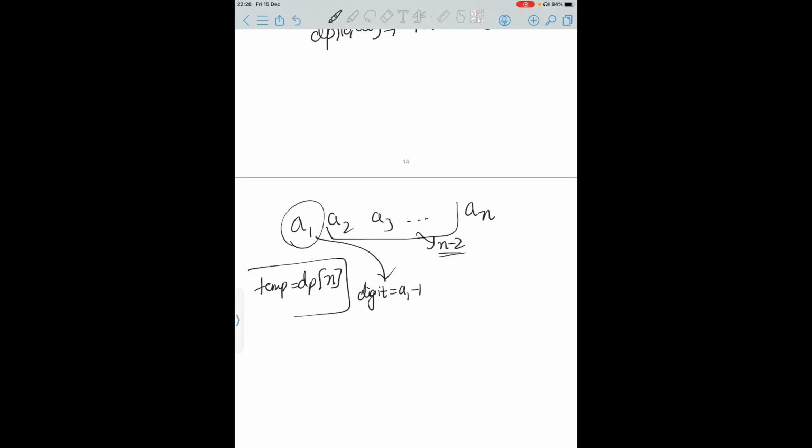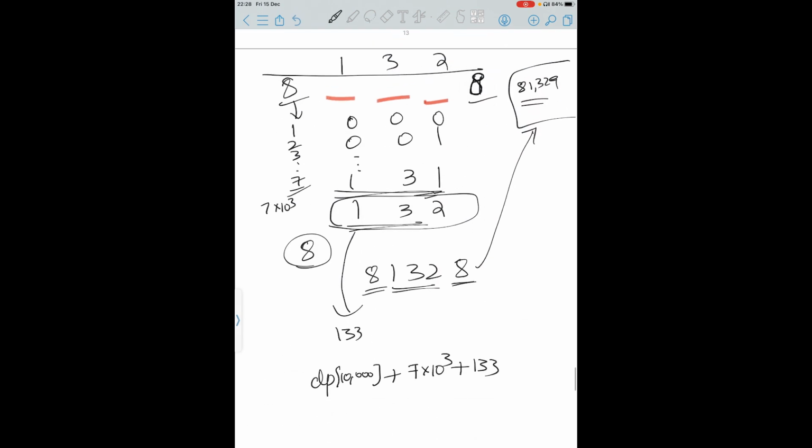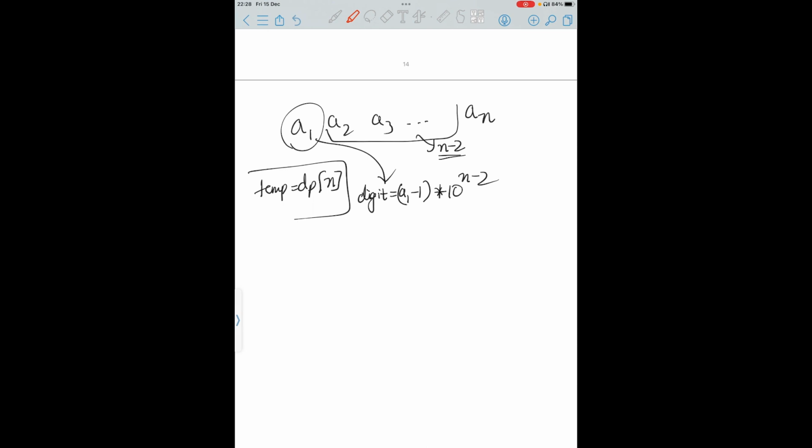So we multiply a1 minus 1 with 10 to the power of n minus 2, as we did here. First digit is 8, so we went from 1 to 7 and multiplied it by 10 raised to the power of the number of intermediate places. This is n minus 2 because we excluded the first and last element because they have to be the same, and we have as many choices as the intermediate places.